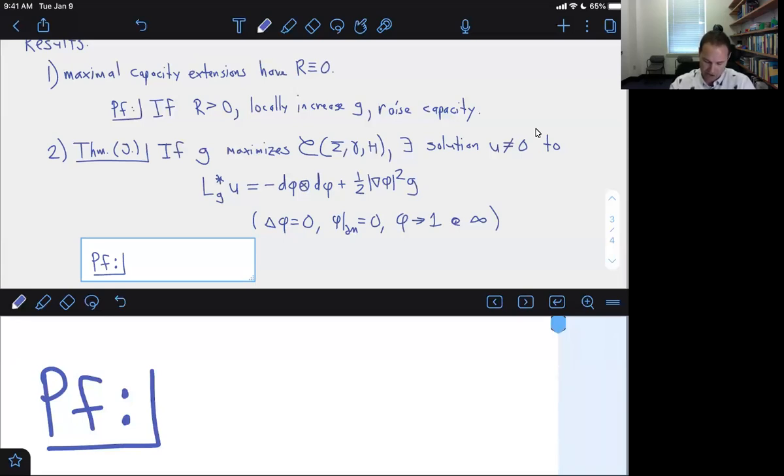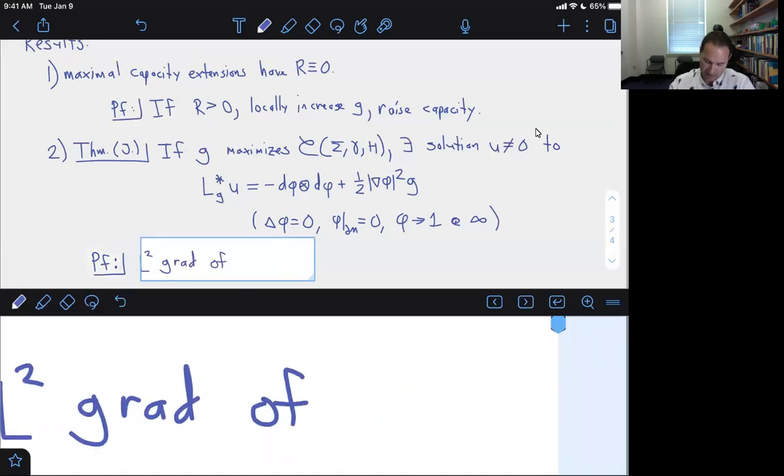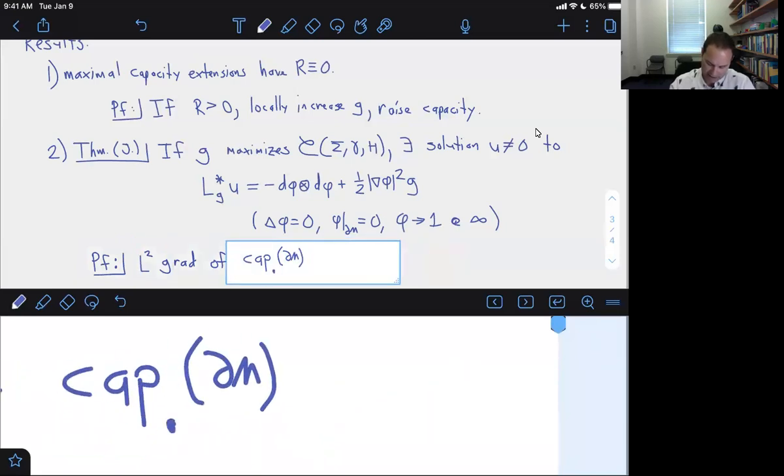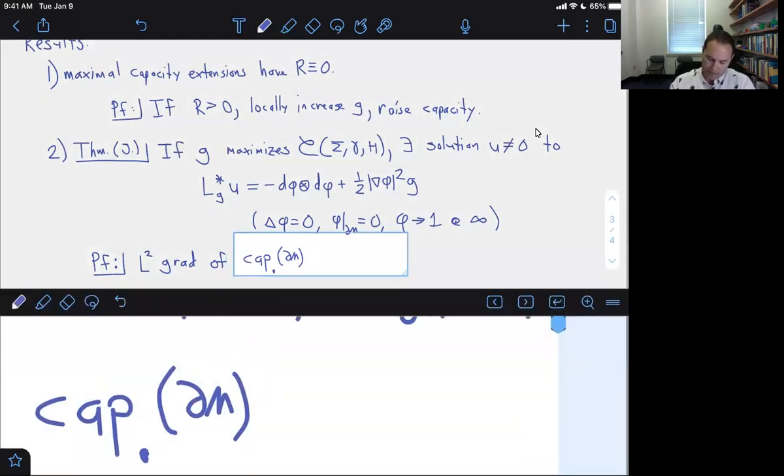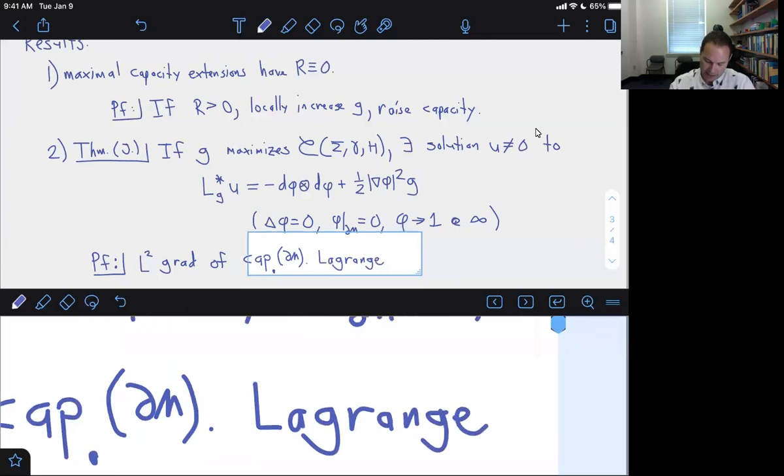So first calculation, you want to do the L2 gradient of the capacity functional. So think of that as a functional on metrics. That L2 gradient ends up just being that right-hand side of the equation there. So you calculate that, and then the rest of it is very much following the way we approach this with Anderson, which was following a program due to Bartnik, but it's really a constrained optimization problem.